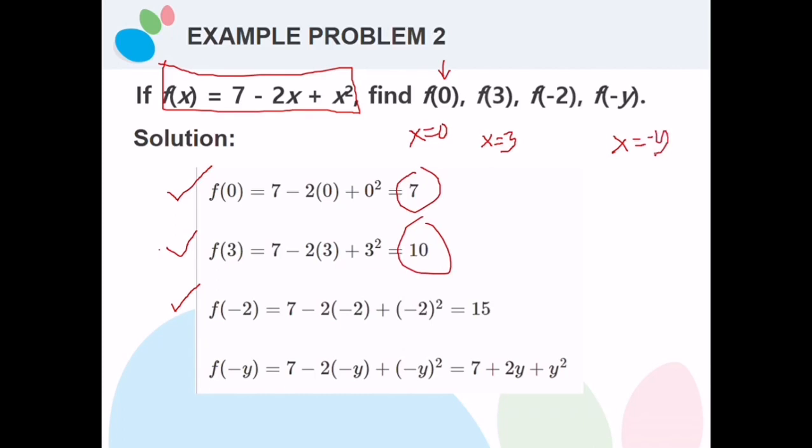Again, the same method: just substitute the value of x into the equation. So 7 minus 2 times negative y plus negative y squared. Overall, our answer would be 7 plus 2y plus y squared, since negative 2 times negative y is positive 2y, and negative y squared is positive y squared. So this is our answer.